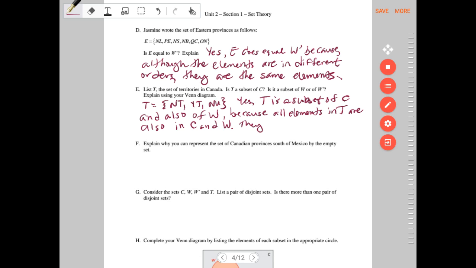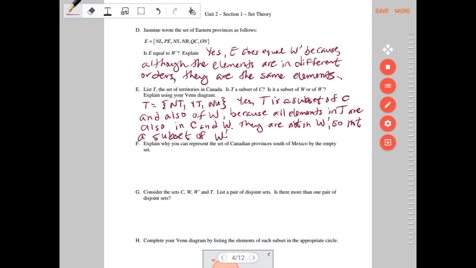They are not in W prime, so not a subset of W prime.